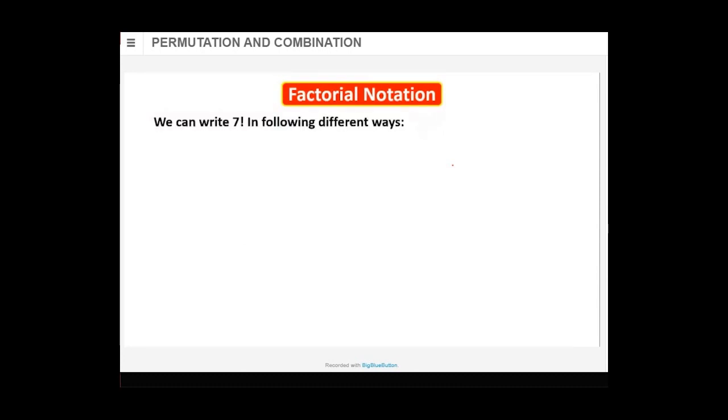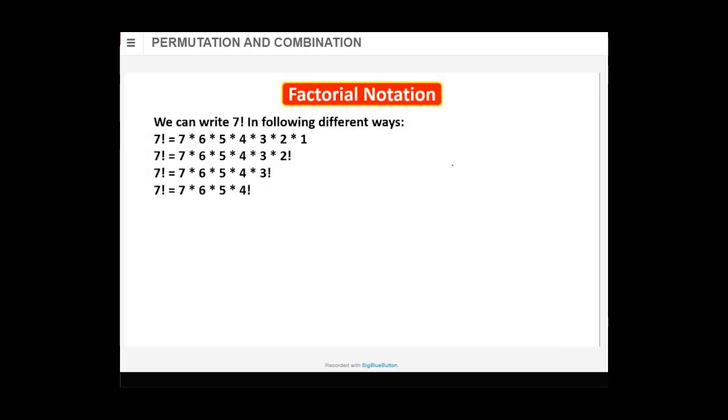Now we can write 7 factorial in the following different ways. 7 factorial you can write 7 into 6 into 5 into 4 into 3 into 2 into 1. Yes, definitely. You can write like this also. 7 into 6 into 5 into 4 into 3 into 2 factorial. What is 2 factorial? 2 factorial means 2 into 1. I can write this. एक एक कम कर दूंगा मैं. 7 factorial, 7 into 6 into 5 into 4 into 3 factorial.